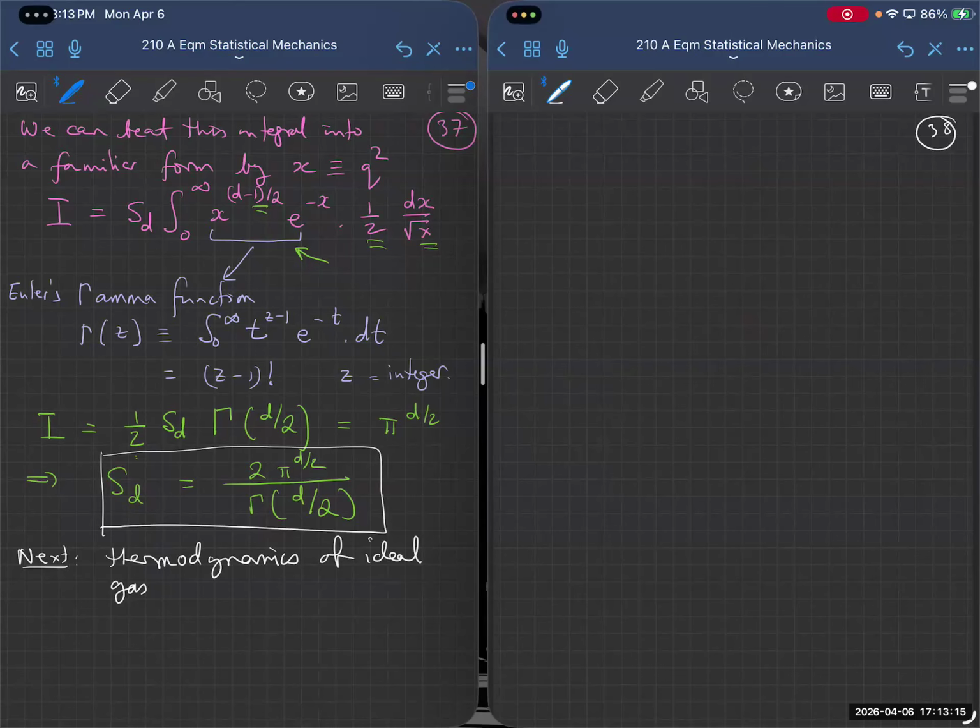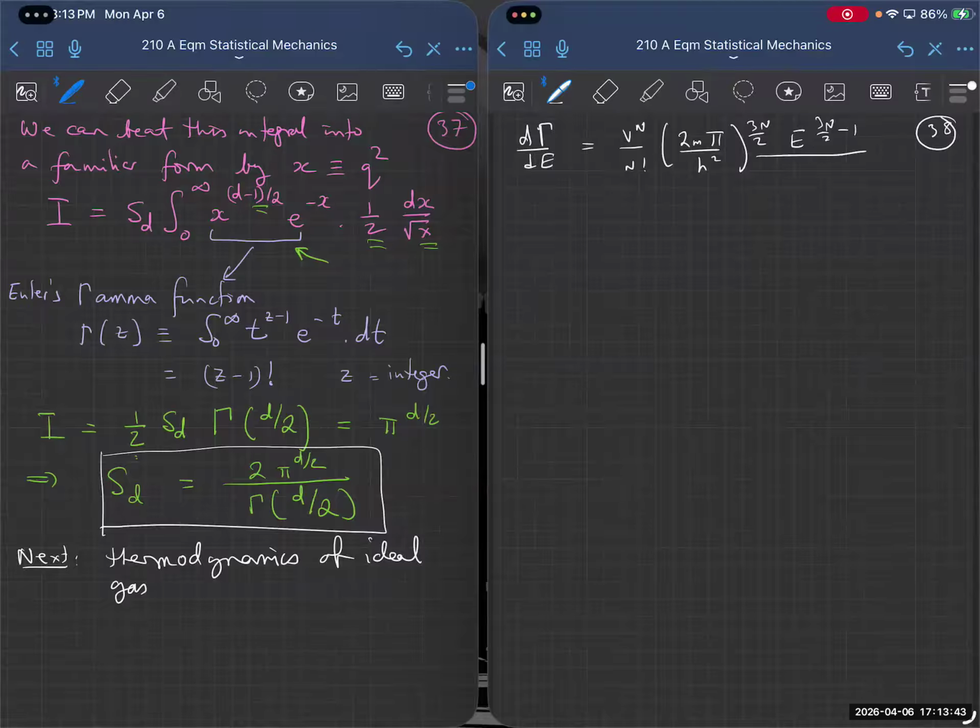Let me write down our formula for dΓ/dE, which I think is this: V^N over N factorial, times (2mπ/h²)^(3N/2), times E^(3N/2 - 1), divided by Γ(3N/2). Note that's an h, not an h bar. So that is the formula that we've got.